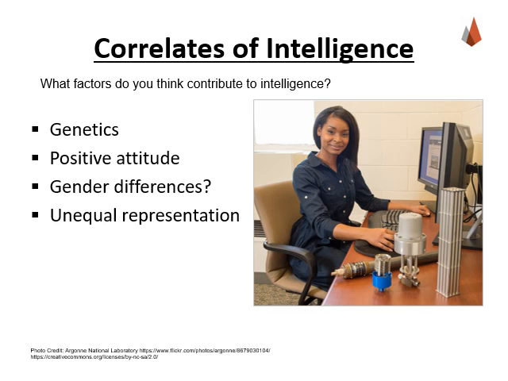Unequal representation. This does fall a little bit under attitude as well. If a group of people is better represented, even in a specific job, or even when taking these tests, if your group of people is represented in a field, you're more likely to have a better attitude and be able to get into that field.